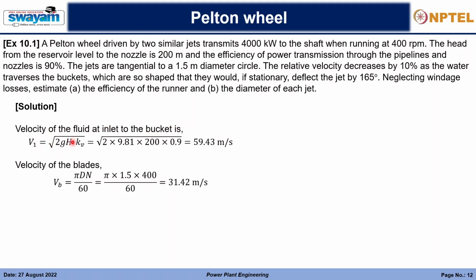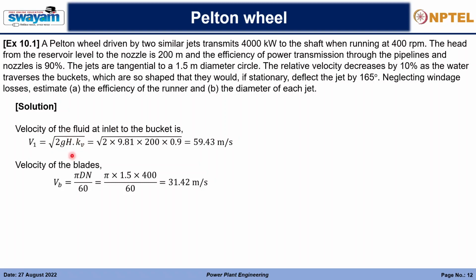Normally in the formula you will see 2gh. Theoretically, equating the kinetic energy to the potential energy gives the velocity as root 2gh, and somewhere you can see the velocity of the jet leaving the nozzle being multiplied by Cv outside the square root. But now I am multiplying it inside the square root sign.